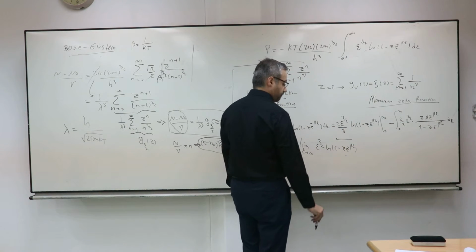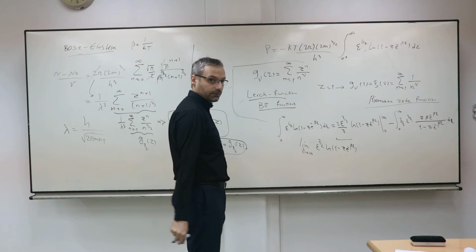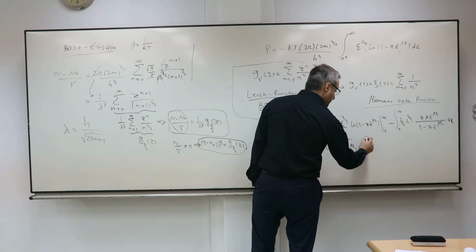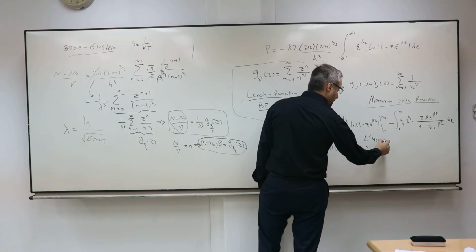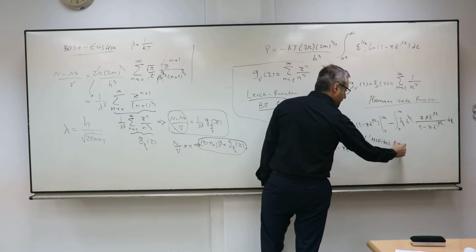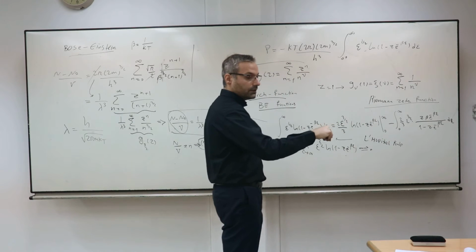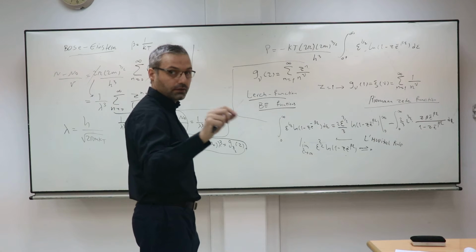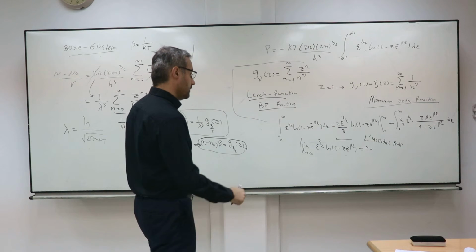What is that? One limit is infinity. This is 0. You can show that this is 0 because of the L'Hopital rule. You know what that is? The limit of f over g is the limit of f prime over g prime, then f second over g second, and you can continue as much as you want.